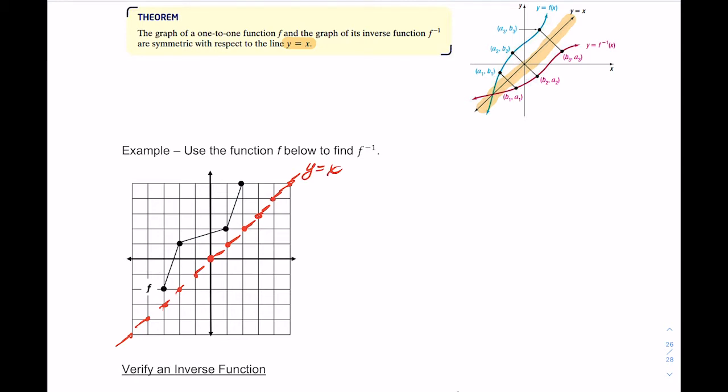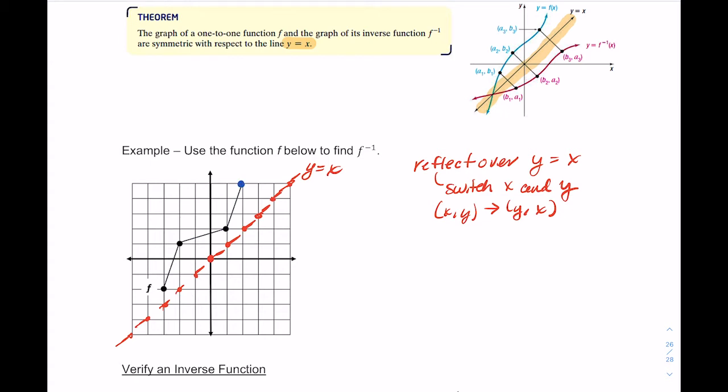Okay, so to reflect over y equals x, all you're going to do is switch your x and your y in your ordered pair. So for example, xy becomes yx, which should look familiar to you. That's what we do to find an inverse. So if I take my first point, let's go with this top one right here.